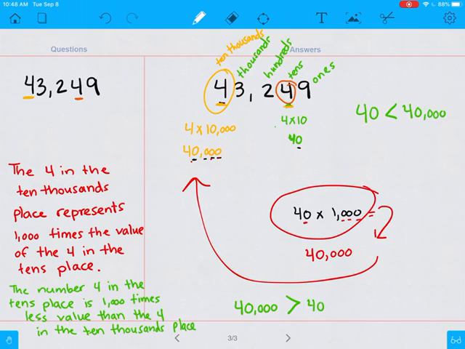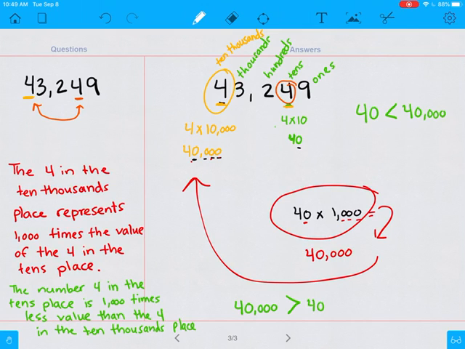So if you're going from this 4 right here to this 4 right here, you're doing 10 times 10, and you multiply 10 by the place value.